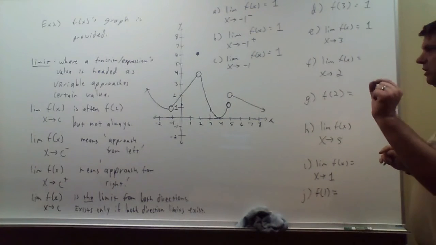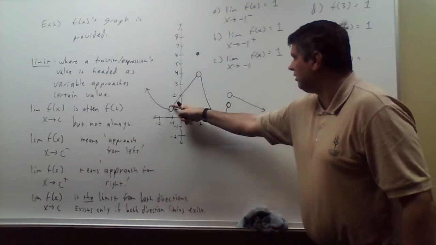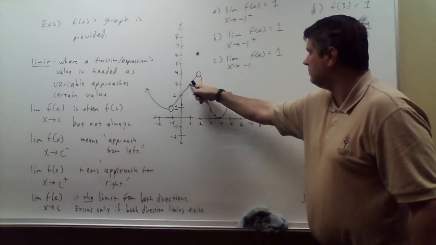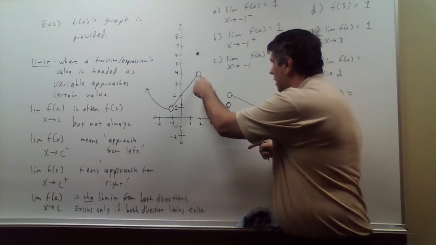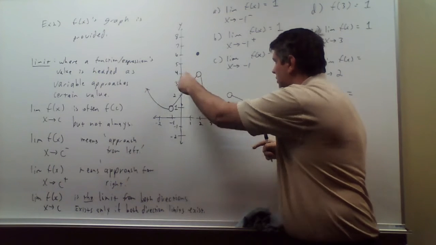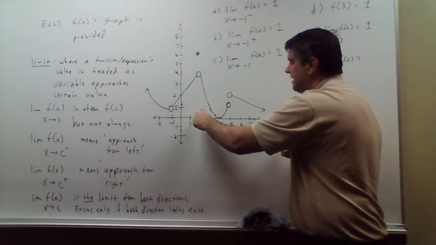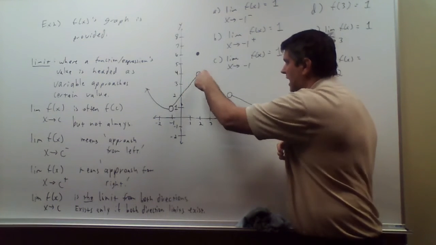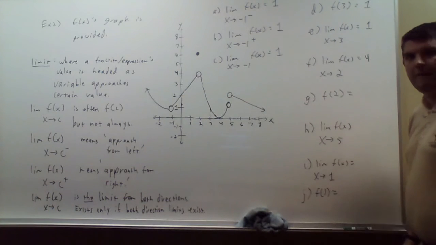Now let's talk about the limit as x approaches 2. Well, if I approach from the left, I'm headed to function value 4. As I approach from the right, I'm also headed to function value 4. It's the same both ways, so the limit is 4.